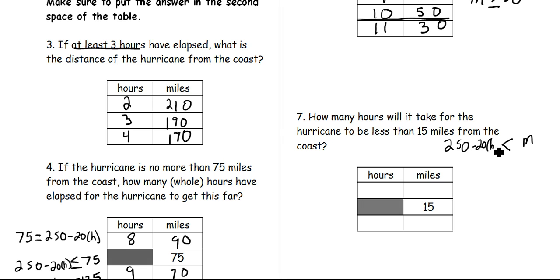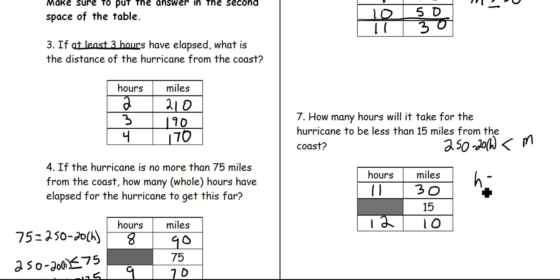And if we look up here, we know that 11 is 30. So that means 12 would be 10. So how many hours? Well, when we solve this, now remember, we're going to have to divide by that negative 20, so this sign would change.